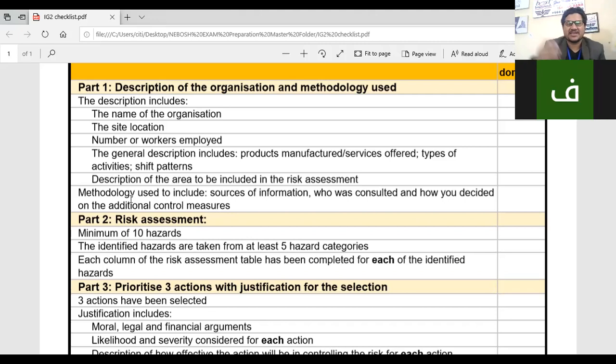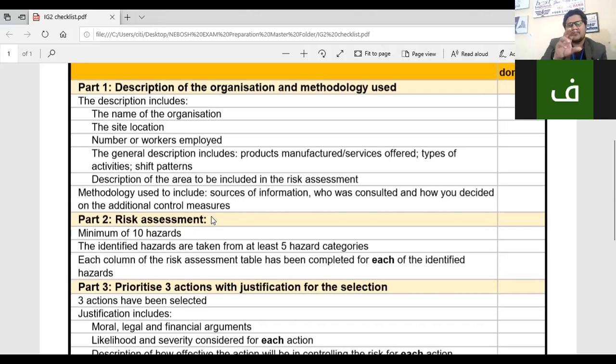Like we have a method statement against several activities and processes, the same way for the risk assessment project, make sure you clearly write your methodology, which includes sources of information and who was consulted. You met with the managing director, general manager, safety director, safety manager, corporate safety manager, supervisor, operation manager, project manager, whosoever. While completing this assessment, whom you have consulted, and how you decided on the additional control measures.